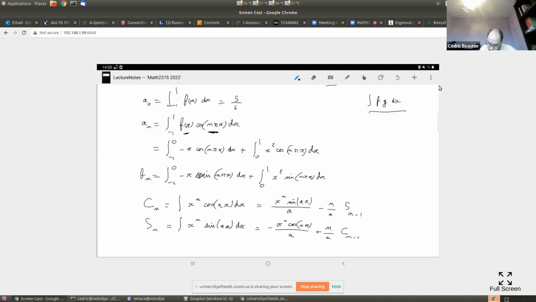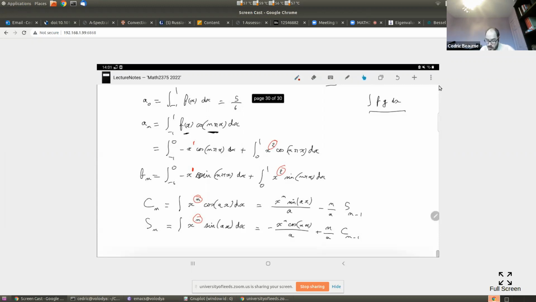What matters in the end is that these n's, in the integral that you're interested in, are only either 1, which I'm writing in red, or 2. So the only terms that you care about are C1, C2, S1, S2.